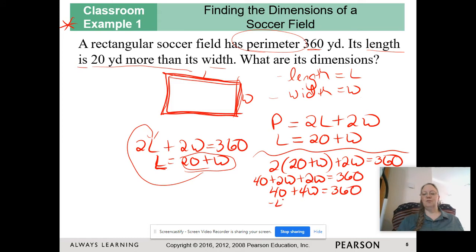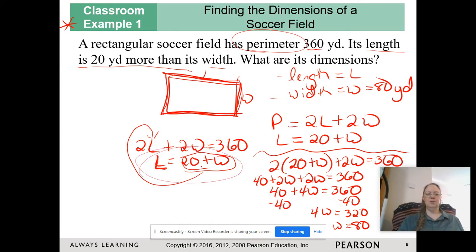And we're going to subtract our 40. 4W is 320 and I get W is 80. So 80 yards. Then we're going to take our 80 and plug it into one of our original equations. I would probably do this one right here.